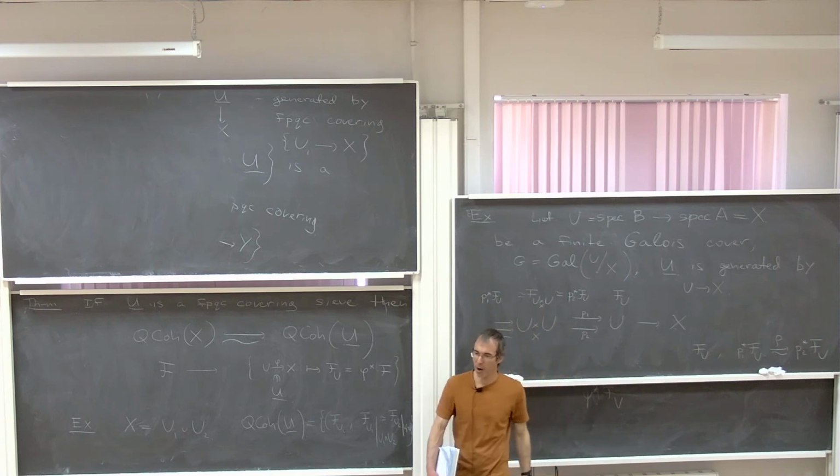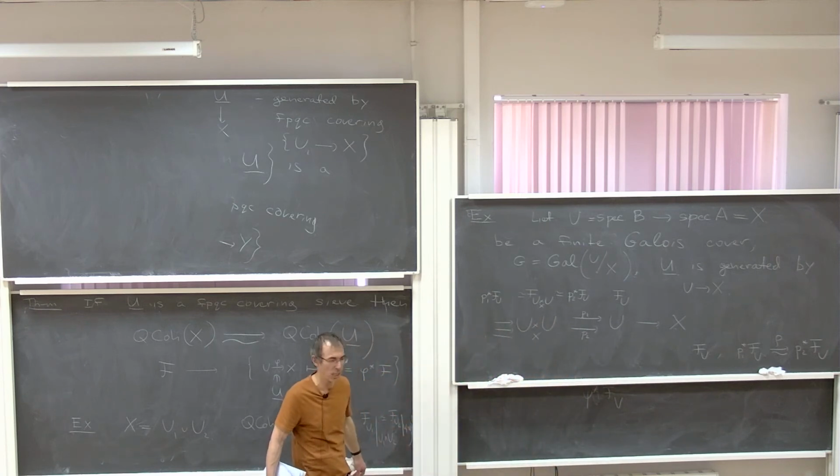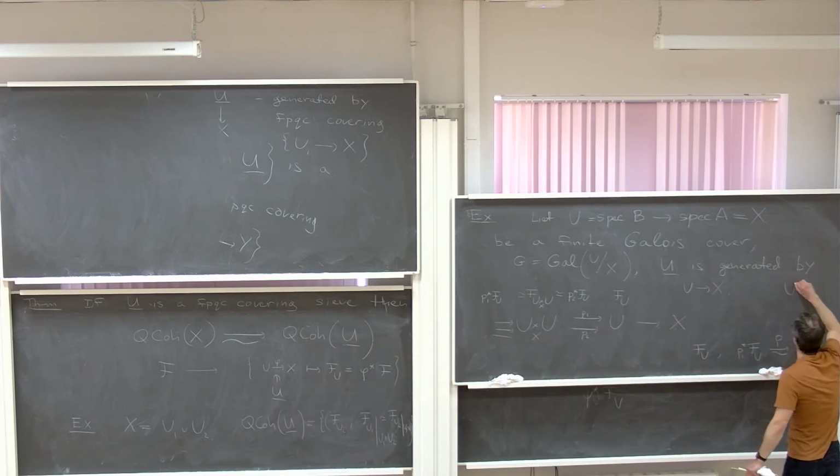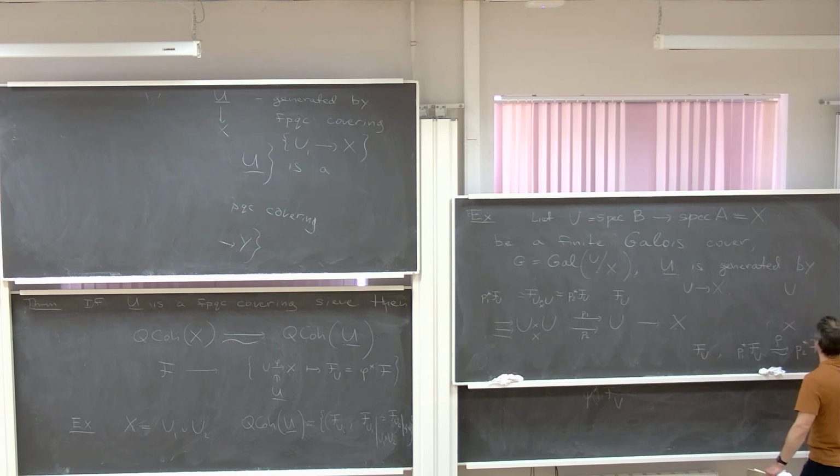Let me first explain informally this property geometrically. So here is my U, and here is my X. I have maybe a point here, x, and I have the fiber over this point.